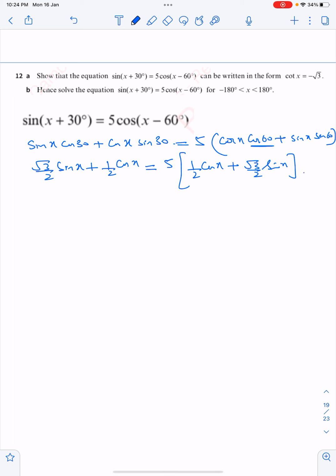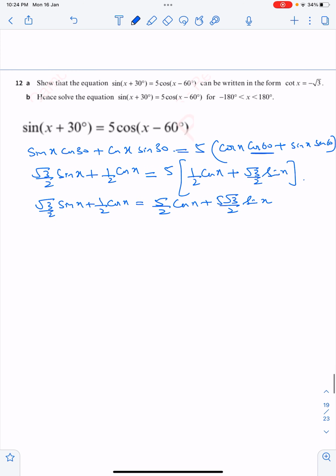Let's simplify this. Okay, I am going to bring all the terms with sin x to one side and all the terms with cos x to the other side. So root 3 upon 2 sine of x plus half cos of x equals 5 upon 2 cos of x plus 5 root 3 upon 2 sine of x. All sine of x on one side: root 3 upon 2 sine of x minus 5 root 3 upon 2 sine of x equals 5 upon 2 cos of x minus half cos of x.